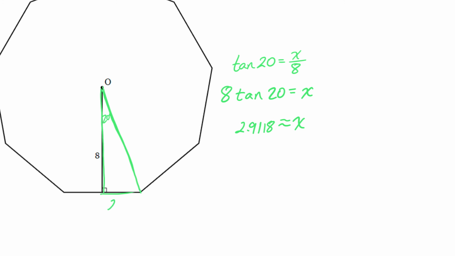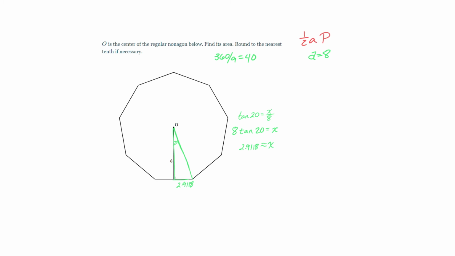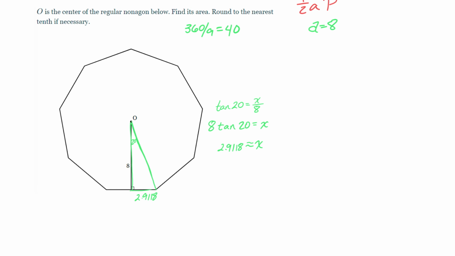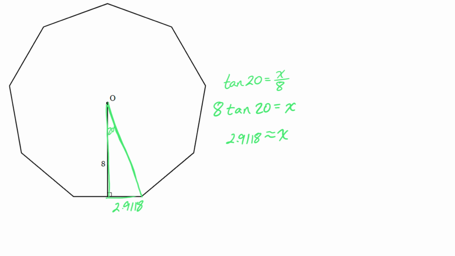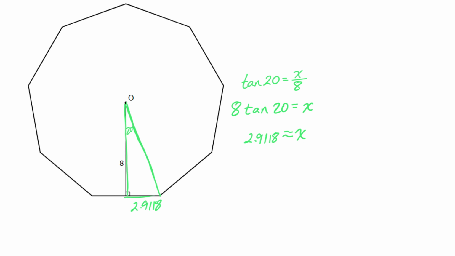This is 2.9118. If you wanted to find the area of that triangle, you sure could, because that would mean there are, since this is a nonagon, this is one of 18 triangles of its like. So you could actually do 1/2 base times height and then multiply that number times 18. But let's go ahead and stick to our apothem times perimeter formula.